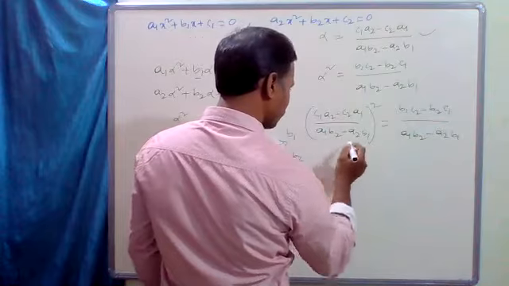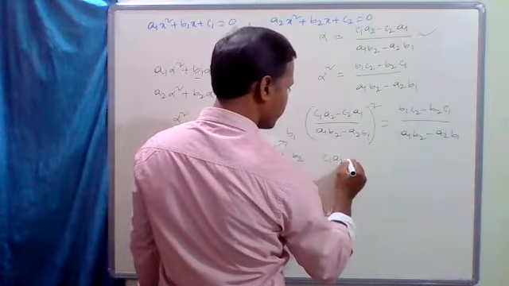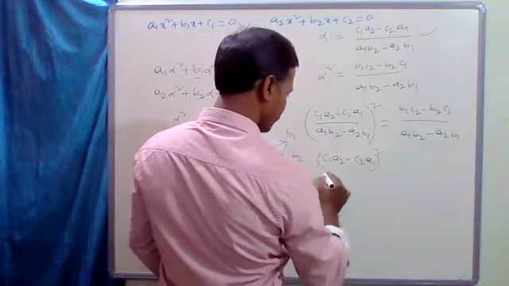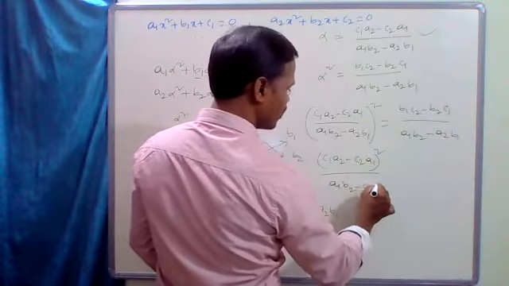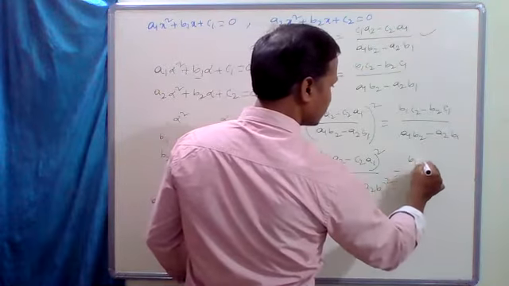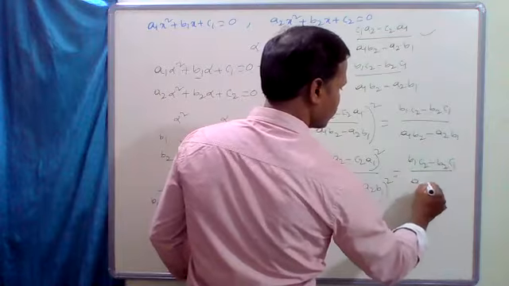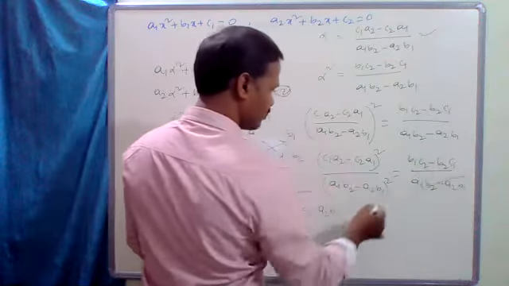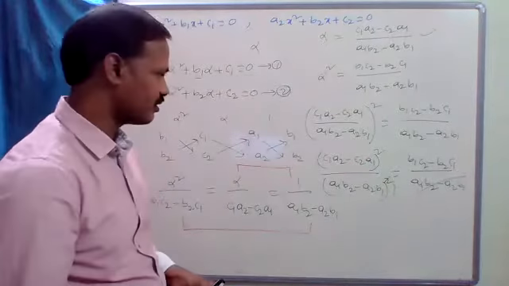So here (C1A2 minus C2A1) whole square by (A1B2 minus A2B1) whole square equal to (B1C2 minus B2C1) by (A1B2 minus A2B1). Okay? So one (A1B2 minus A2B1) will be cancelled.